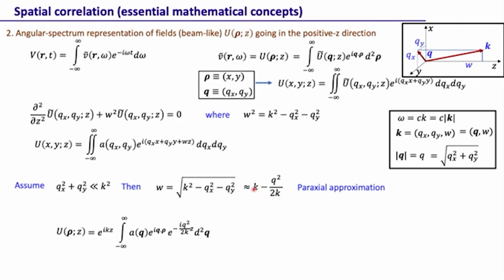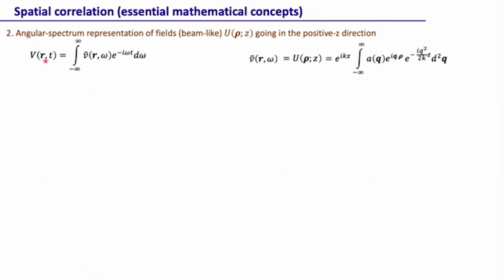So this k and z gives me e to the i k z, that comes out, and this q square by 2k comes here. So it's e to the minus i q square by 2k z. So this is the form of the field u(rho, z), which is propagating along the positive z direction, and which is within the paraxial approximation.